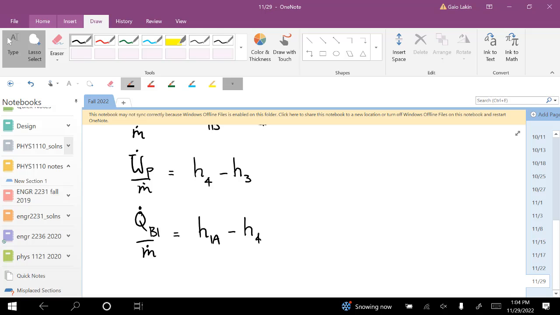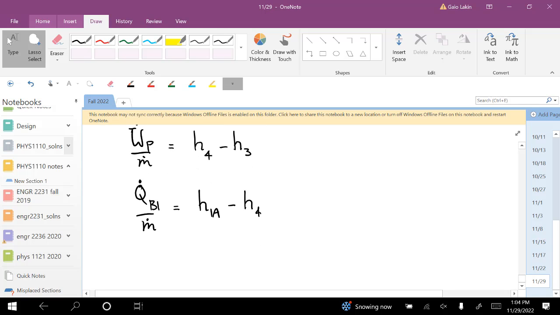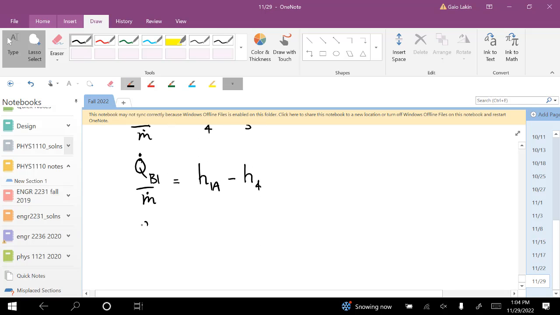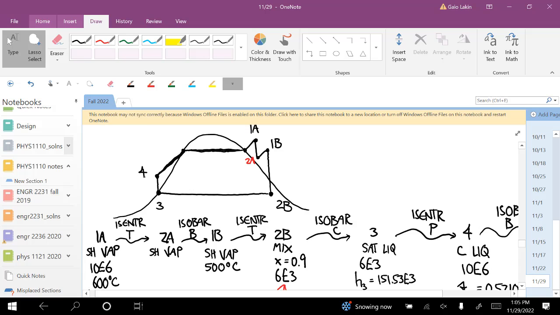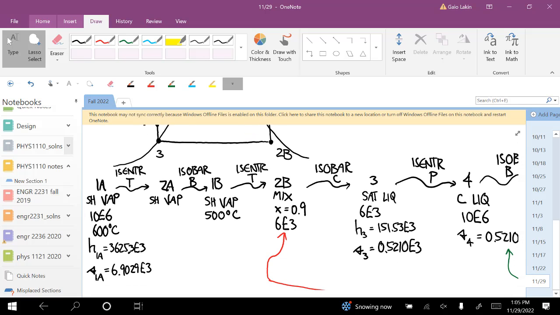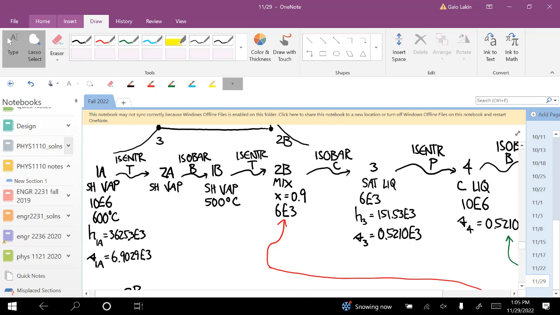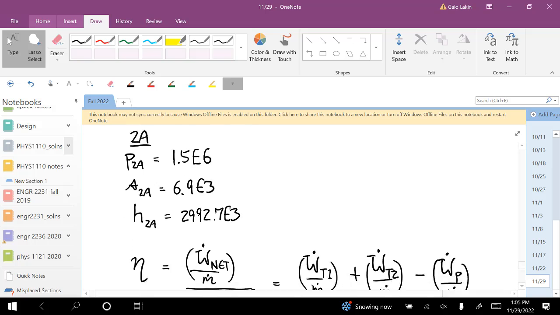And then boiler 2 is going from state 2A to 1B, so that's going to be H1B minus H2A.